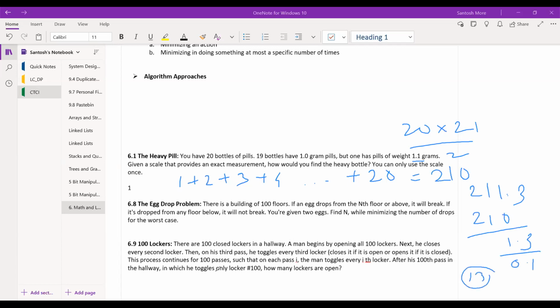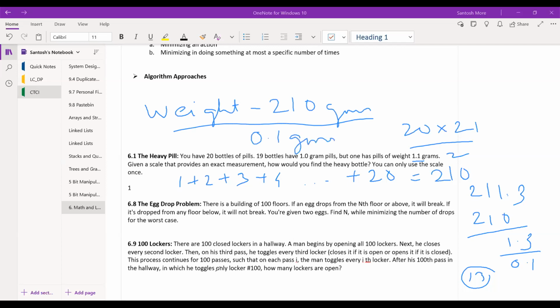So you can very well say that your 13th bottle is the heavy one. So the weight you get minus 210 grams is the difference, and if you divide this by 0.1 grams, that will be the bottle number. Because each bottle, if this is bottle one, it has pills of 1 gram, this will be 2 grams, 1 plus 2 will be 3, and 3 will be 6, and so on.